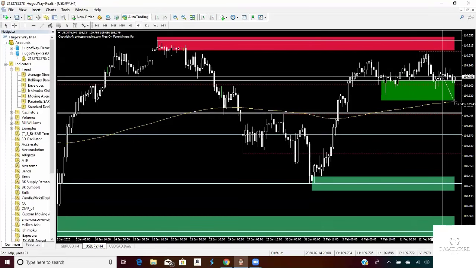So we're looking at Monday or Tuesday. Monday for GBPUSD, and if you guys want to, USDCAD, and then USDJPY will be on Tuesday.